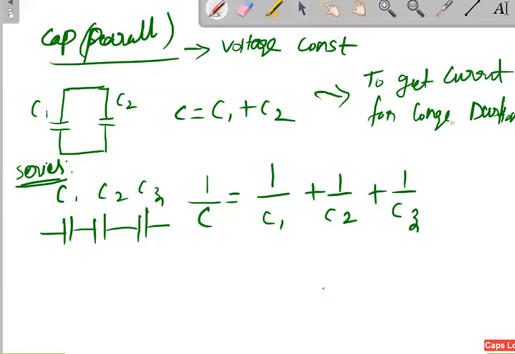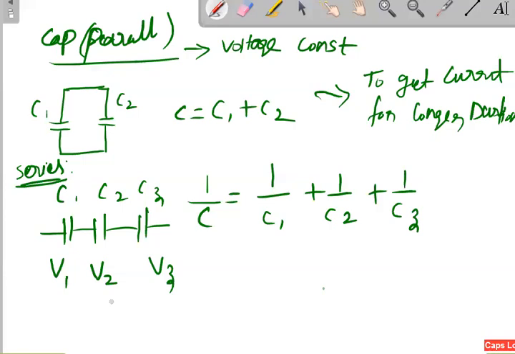And when should we go for series combination? In series combination, current is constant. If it is C1, it will have some voltage, and the others will have other voltages. We go for series combination when you need a larger voltage, say 100 volts, but you do not have a 100 volt capacitor.